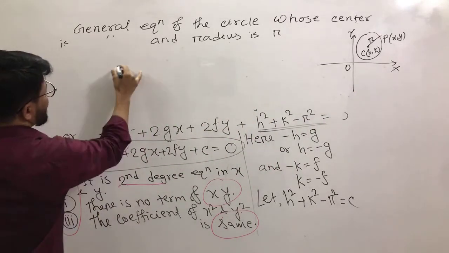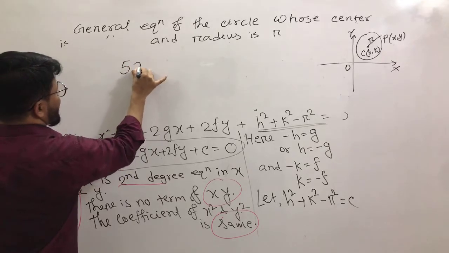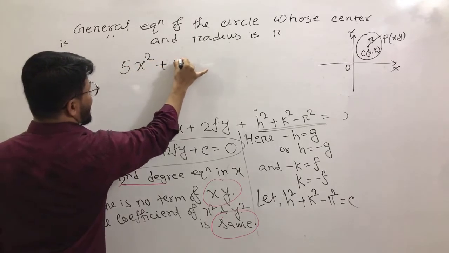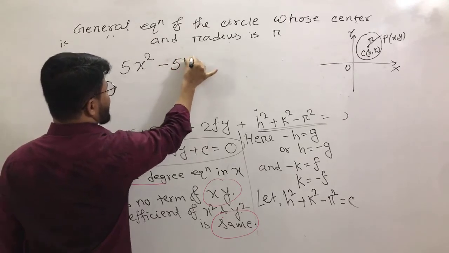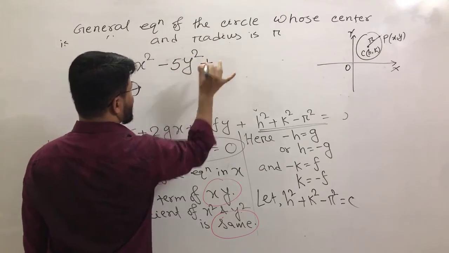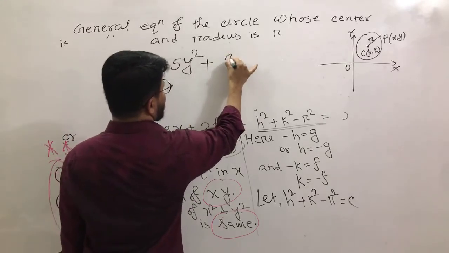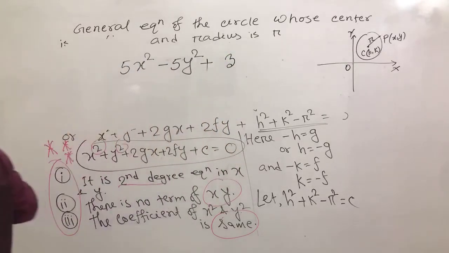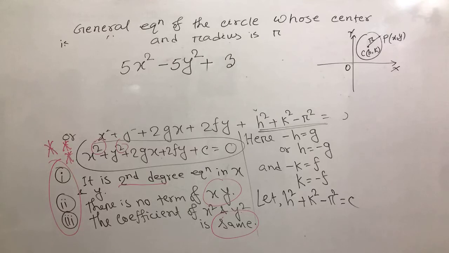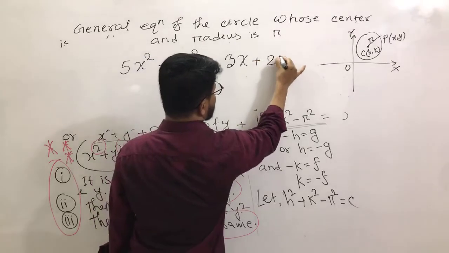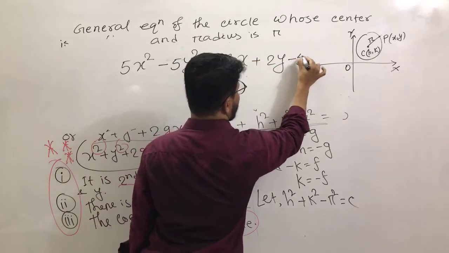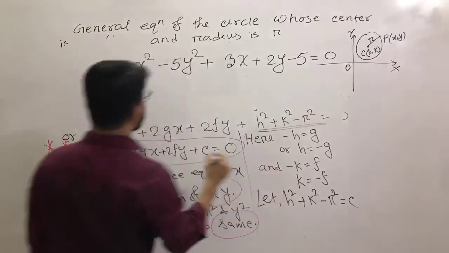Like 5x square minus 5y square plus 3x plus 2y minus 5 equals 0.